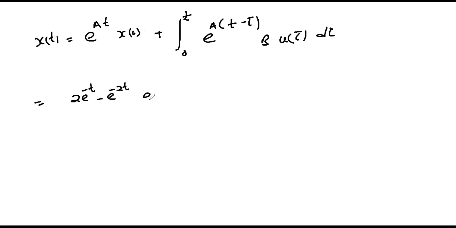The second term was exponential minus t minus exponential negative 2t. Then minus 2 exponential minus t plus 2 exponential negative 2t.